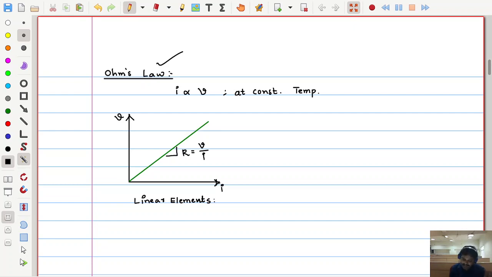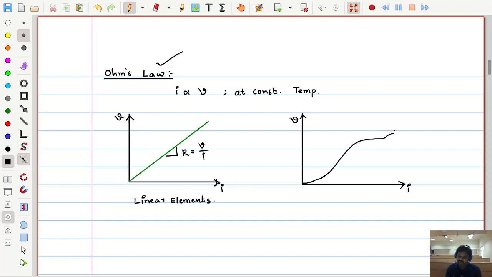Then is there anything which does not obey this relationship? Yes, surely. There are some elements which do not obey it, and we call them non-linear elements. The characteristics of non-linear elements will not be a straight line. It may be some kind of uneven curve. The variation of current with the applied voltage does not vary in a proportional manner, sometimes higher, sometimes lower.